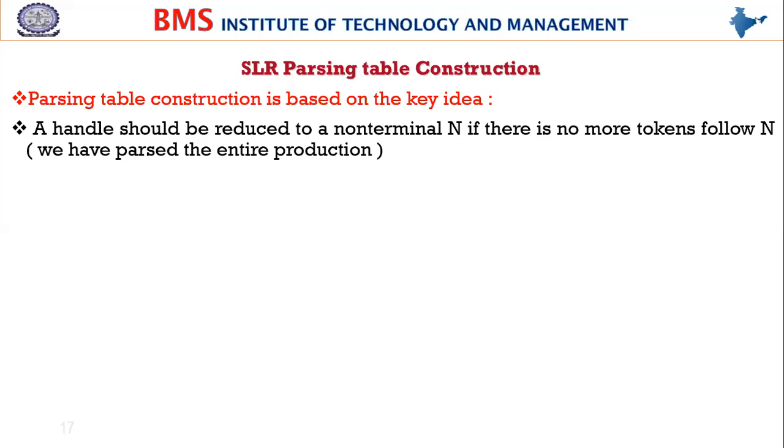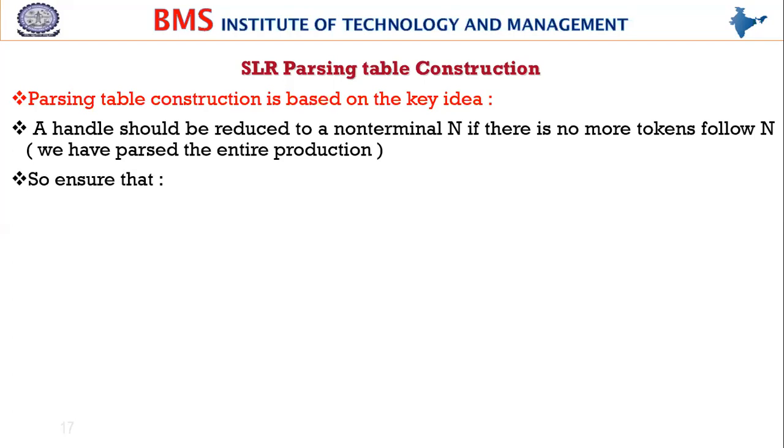Second thing is that I have X producing A, where A is a non-terminal. If that A has other productions, then we should have seen the productions of A, and then we should come to the rest of the productions of X. So these are the ideas. When we implement the parser, you can easily understand this.